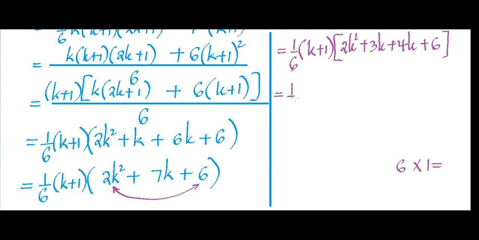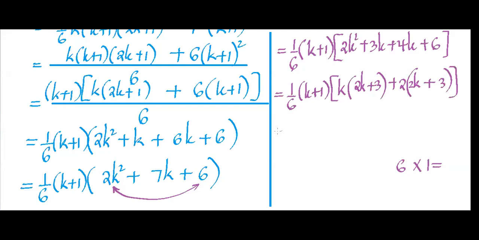And that becomes 1/6 into k plus 1 into, taking k out from there, we get 2k plus 3. Then for 4k and 6, the factor is 2; when you take it out, you get 2k plus 3. So we have 2 factors inside there, and those are k plus 2 into 2k plus 3.